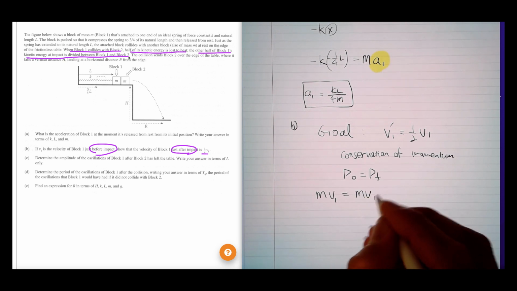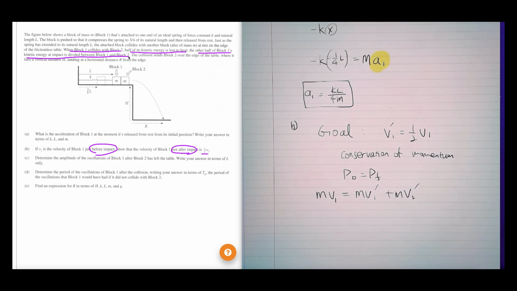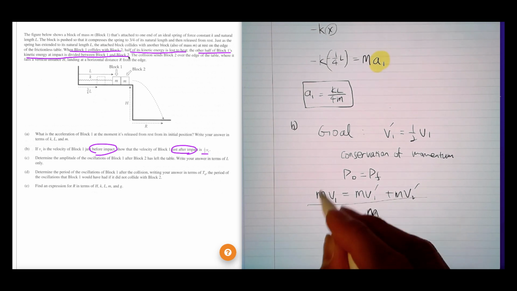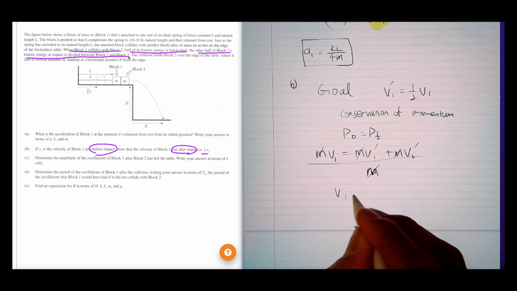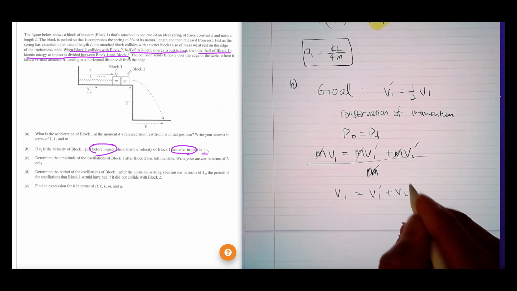So m v1 prime plus m v2 prime. It's not stuck together after the collision. So now you can divide both sides by the mass m, and that gives you v1, the velocity of block 1 before the impact, is equal to v1 prime plus v2 prime.